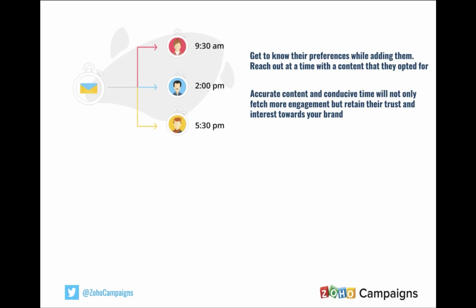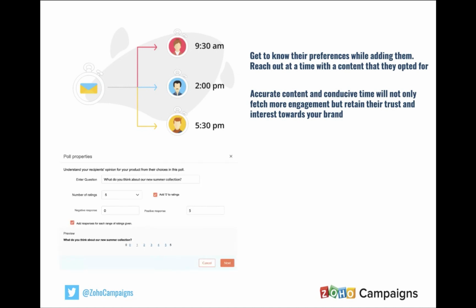And this form of communication is very important in email marketing. How do you get to know about their taste and preferences better? You can conduct polls and surveys so that you can understand whether they are interested in the topics that you're discussing, the emails that you're sending, or the products and services that you have put in the email.